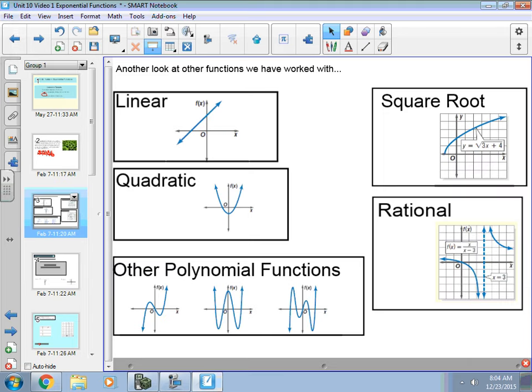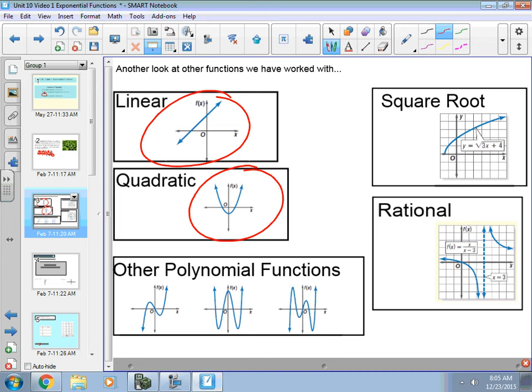We've looked at a bunch of functions already. We've looked at linear functions, that's straight line graphs. We've looked at quadratic functions back in unit 4 and looked at how you can graph those, or parabola. We've looked at other polynomial functions in unit 7.